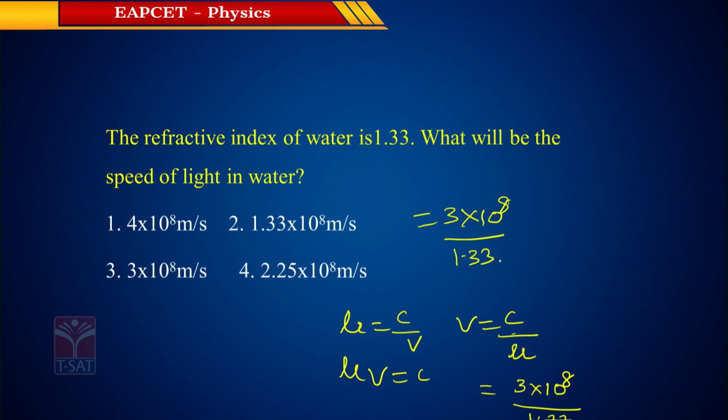You calculate this one: 2.25 into 10 to the power 8 meter per second. Here the fourth option is correct.